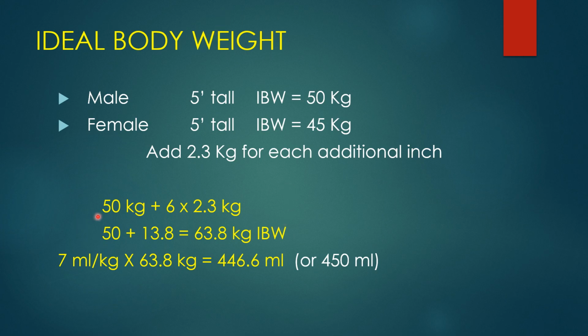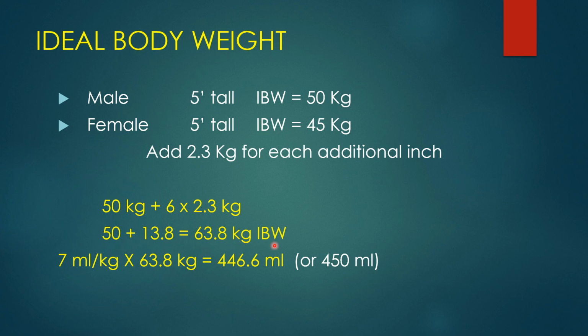The patient is 5'6", so 50 kilograms, plus 6 times 2.3 kilograms, because for every inch over we want to add 2.3. And so 6 times 2.3 would be 13.8. So 50 plus 13.8, his ideal body weight is 63.8 kilograms.